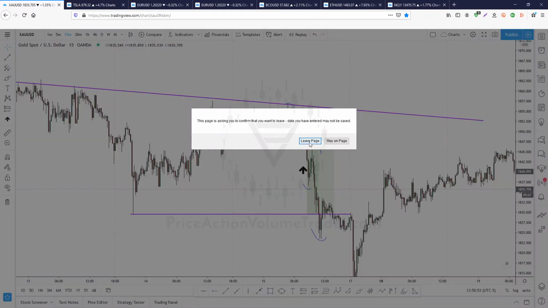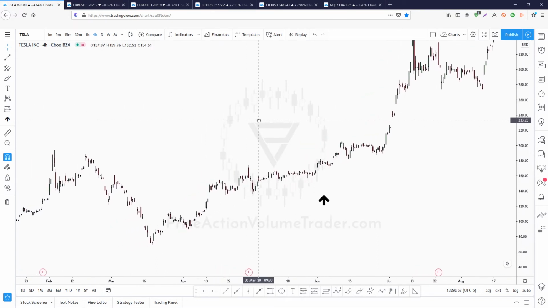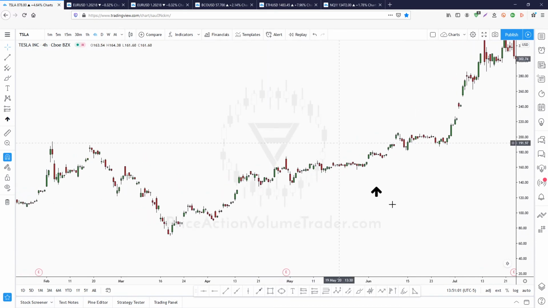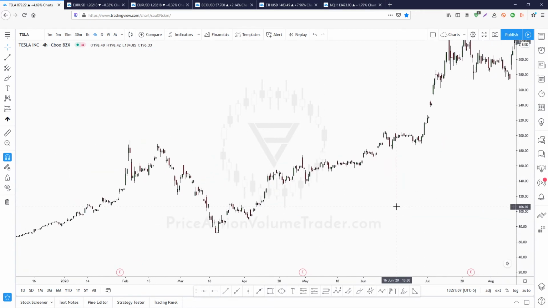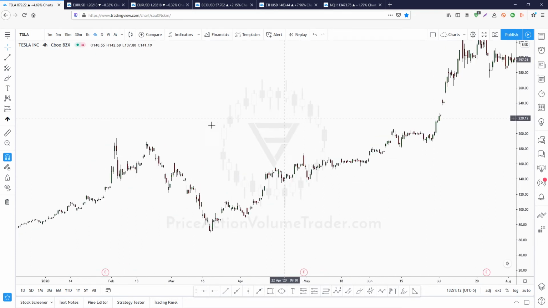Okay, let's go back into stocks. Let's look at an example now on Tesla. I know a lot of you trade stocks. So what do we see here in Tesla? The chart looks a little messy because it's a stock, so there are a lot of gaps, and I don't have live data activated right now, but we can see the same basic principle here.